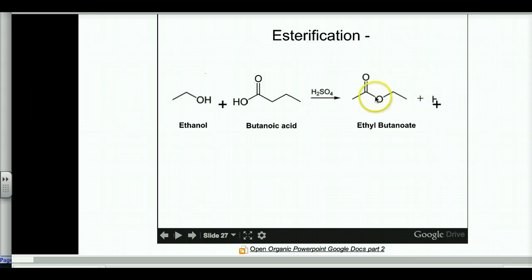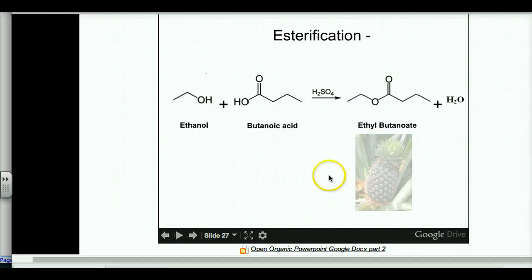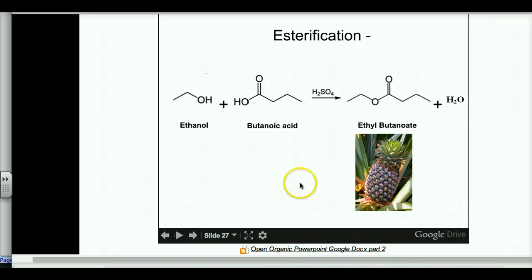We name them by calling the alcohol part that makes them the ethyl group and the acid group the butanoate group. So there is ethyl butanoate, and believe it or not, that's the smell of pineapple, or the taste of pineapple as well.